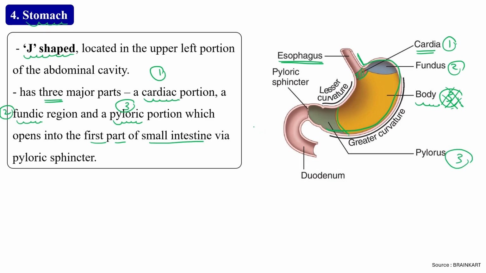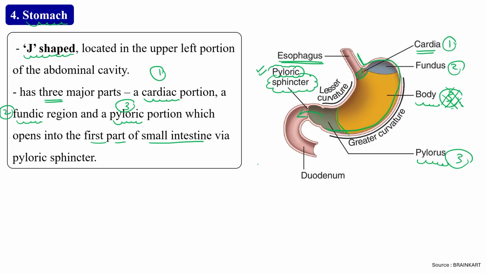Okay, and this pylorus portion is that portion of the stomach which opens into the small intestine, the first part of the small intestine, through a sphincter which is known as the pyloric sphincter. Why do we use the term pyloric sphincter? Because it is present in the pylorus area.